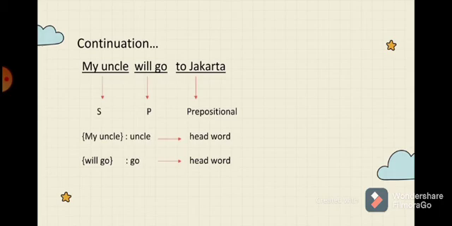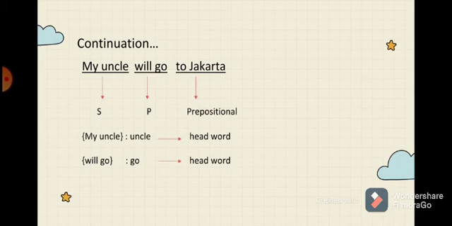So, the word my can be removed. So it's just uncle. And then in the phrase will go, the head word is go. It has the same distribution as the phrase will go.